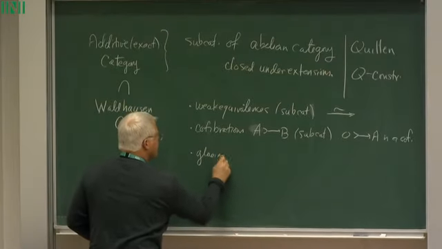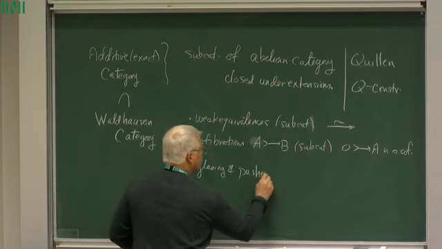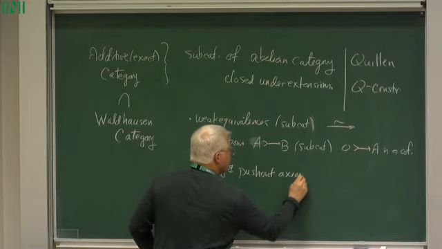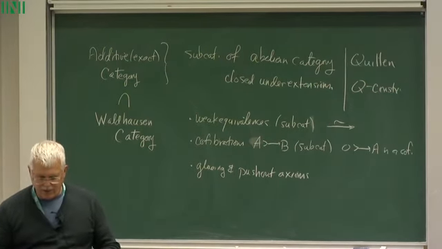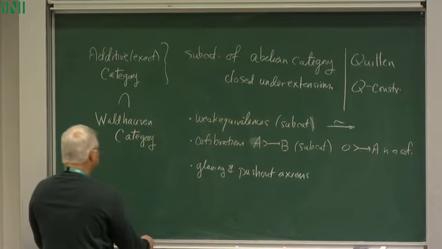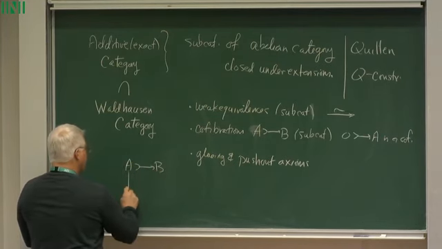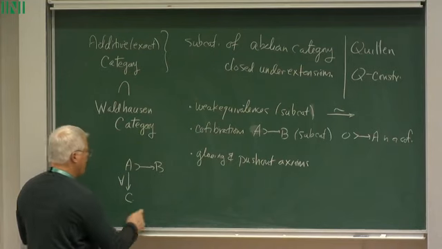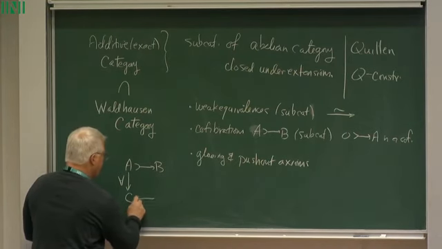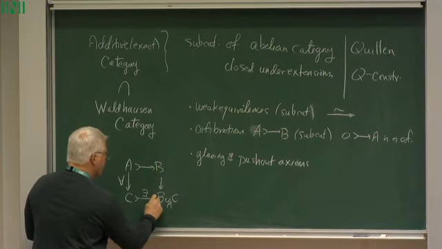gluing and push-out axioms. So they're rather long and complicated if you write them out in words, but basically what happens is if you have a cofibration and you have a map from here to C, then the push-out map is a cofibration.